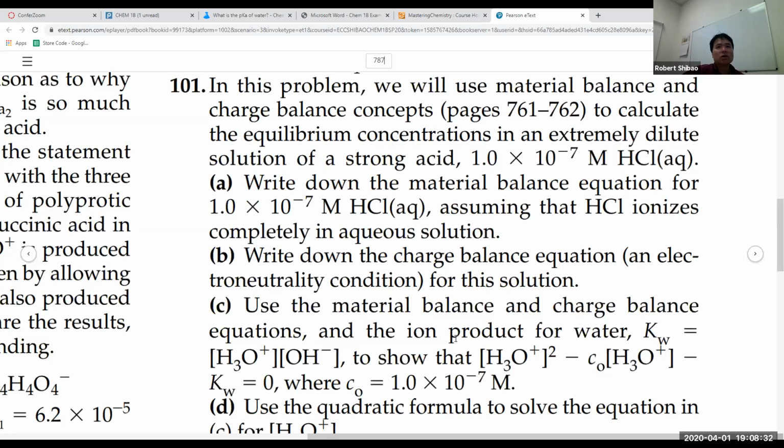Write down the charge balance equation, electrical neutrality. And so there are different ways we could do it. Very simply, this is balanced here.